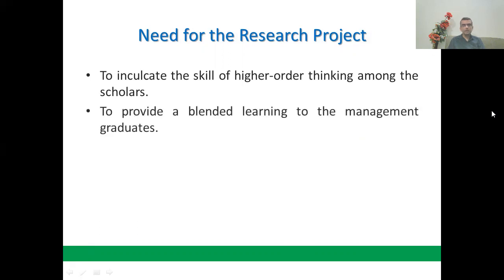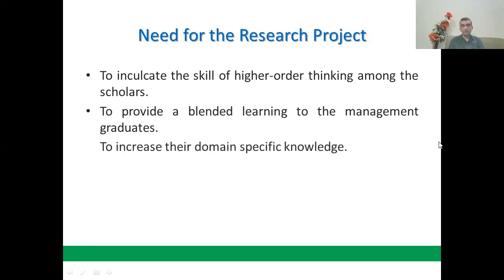The research projects also help to provide blended learning to the students and management graduates. This includes a combination of theory, which is equally backed by the practical aspect, and by the technical or statistical issues which can be used for the theories or models.